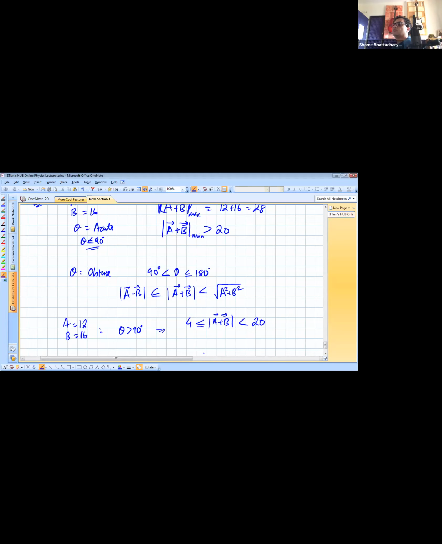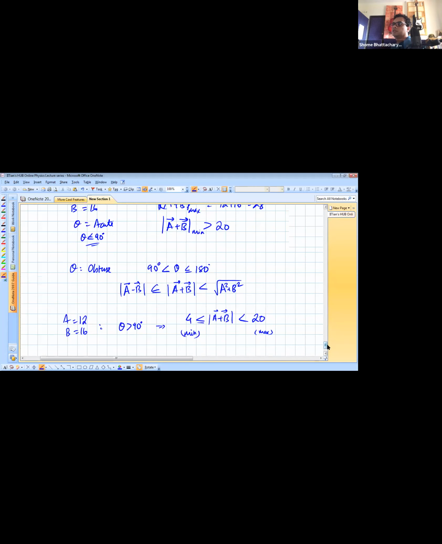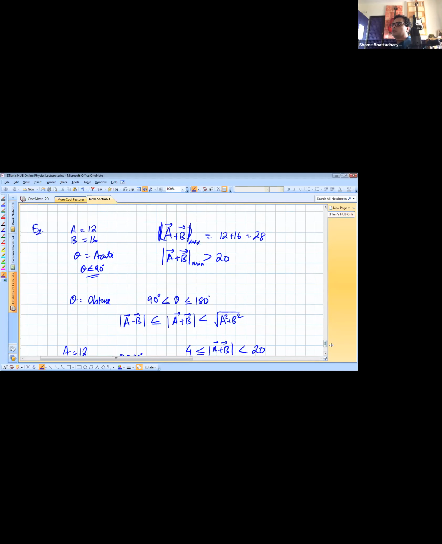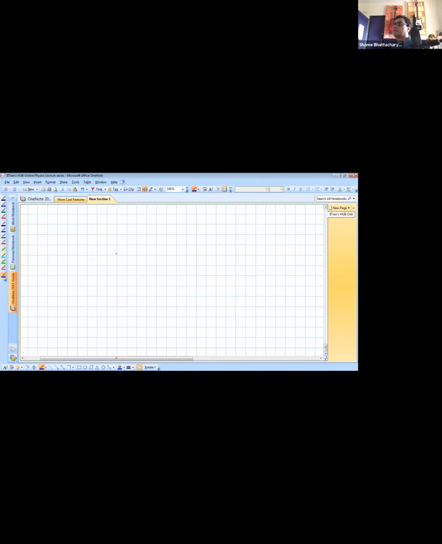The difference is 4. So the minimum possible value of the magnitude of a plus b is 4. The maximum value is actually slightly less than 20. It cannot go exactly to 20 also. Okay, so this is what we have to understand in terms of inequalities. So let's do a question or two based on this.